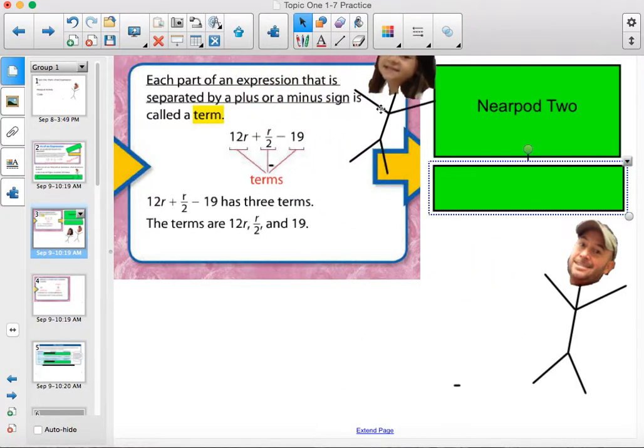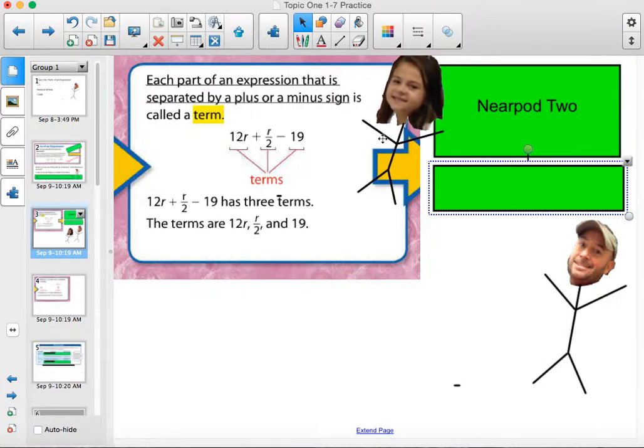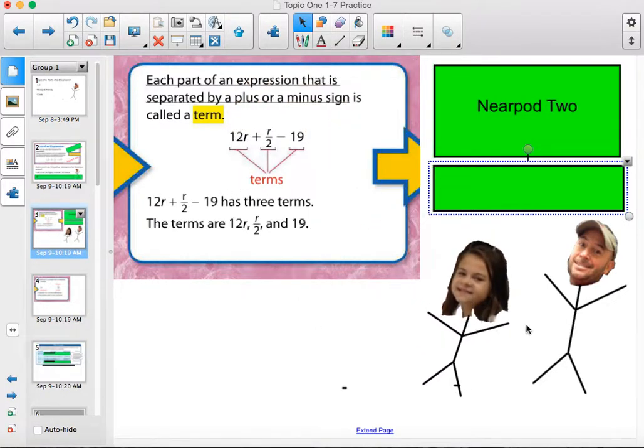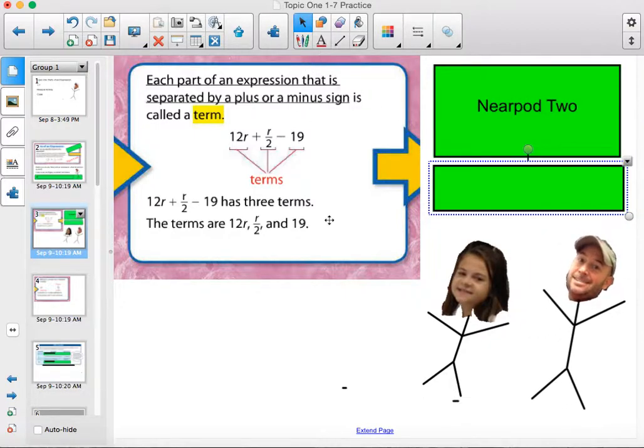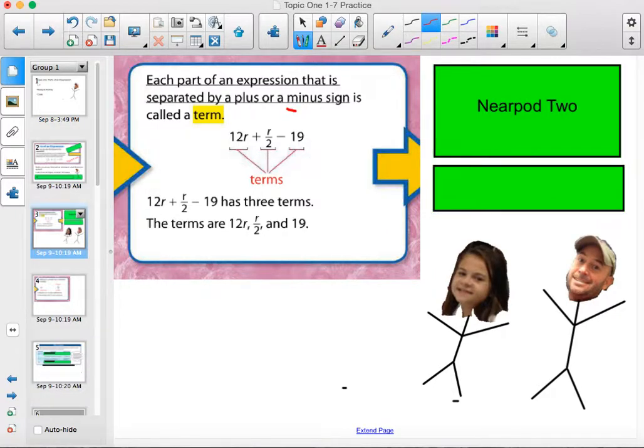Each part of an expression that is separated by a plus or a minus sign is called a term. Well done, Brenna. That's right. What we're talking about in this situation is the parts of this expression being divided up into the terms. The terms are always going to be separated by either a minus symbol or a plus symbol. Down here we have a plus symbol and a minus symbol, which means that we have 3 terms.